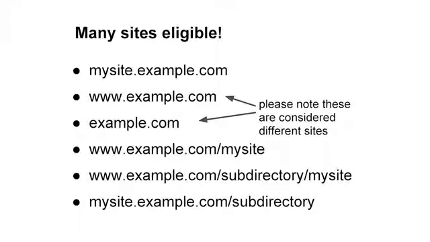A site can include a subdomain or hostname like mysite.example.com, or it can be the domain with a www like www.example.com, or the domain without the www like example.com, or a subdirectory like www.example.com/mysite, or www.example.com/subdirectory/mysite, or some combination.